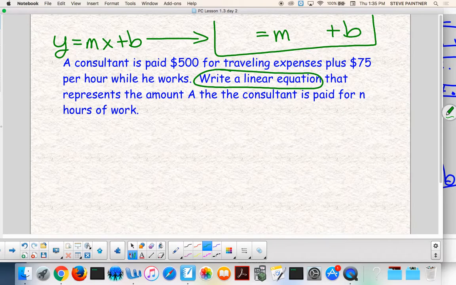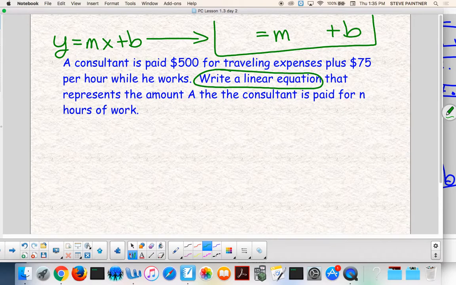W for what? They use the letter A for the amount. Whatever. You're doing this right. I skipped ahead by accident. Yeah, we're there. So you get it?